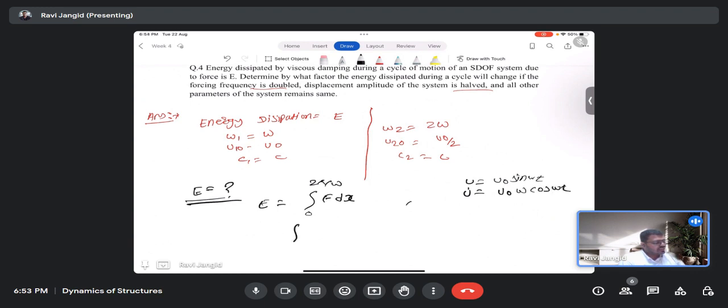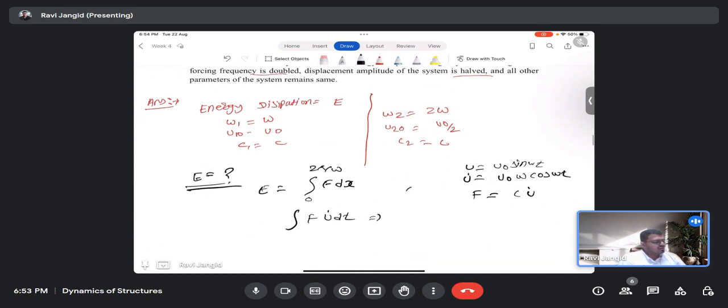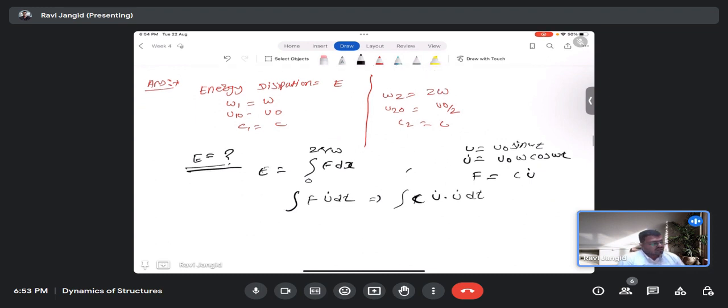So you can write it as the integral of F u dot dt, and F is c into u dot. So that becomes the integral from 0 to 2 pi by omega of c into u naught square omega square cos square omega t dt.